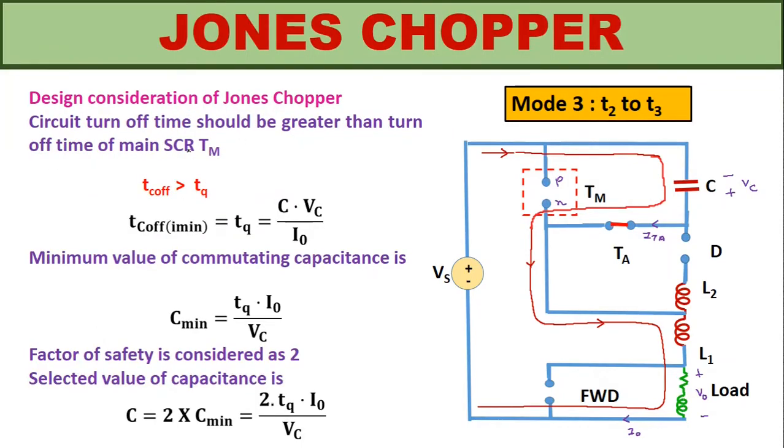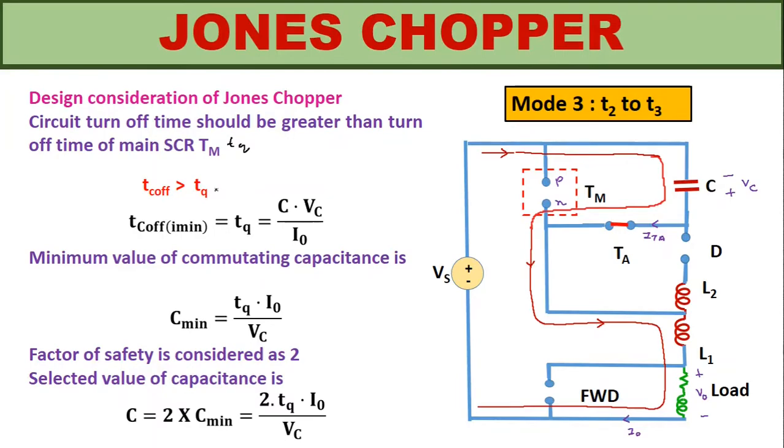Now the circuit turn off time Tc off should be greater than the turn off time of the main thyristor Tm, which is given by TQ. That means we are taking the circuit turn off time as Tc off and the turn off time of the main thyristor Tm as TQ. So for the proper operation of this Jones-Chopper circuit, the Tc off should be greater than TQ.